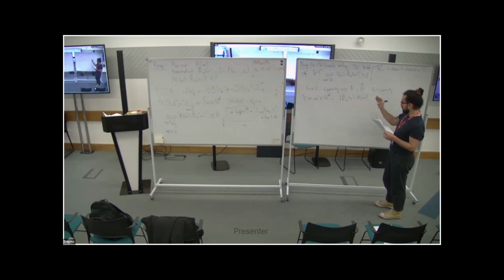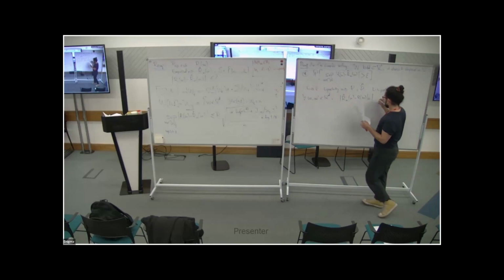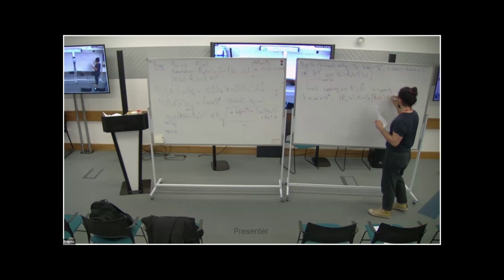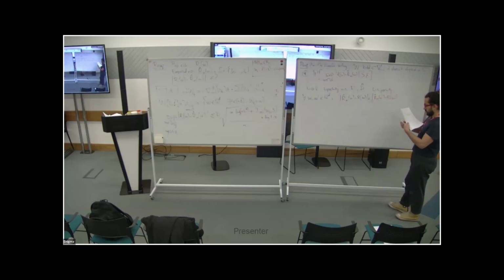So I can write this down as the generalization gap for W prime, plus the difference between the empirical risks corresponding to W prime and W, and the difference between the population risks corresponding to W and W prime.